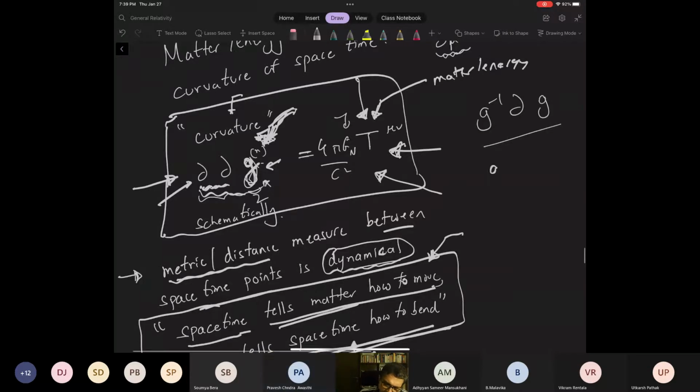Yeah, that's perfectly fine if you want to think of it as a field, except again, this is non-linear. If you're trying to draw an analogy with Schrodinger's equation, first of all, these derivatives also appear in different combinations. It's not just going to be partial x square plus partial y square plus partial z square.